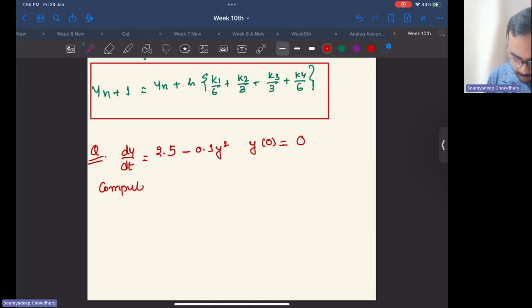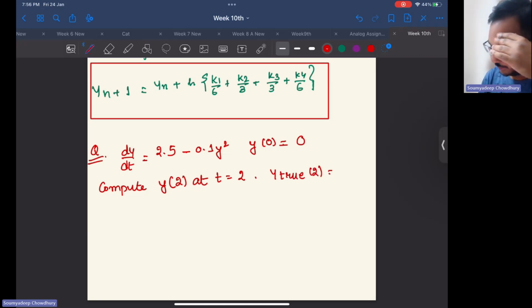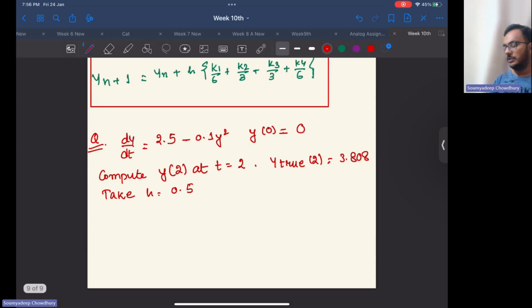You have to compute y of 2. The true value is given to you: y true at t equals 2 is 3.808. And we have to take h equal to 0.5.